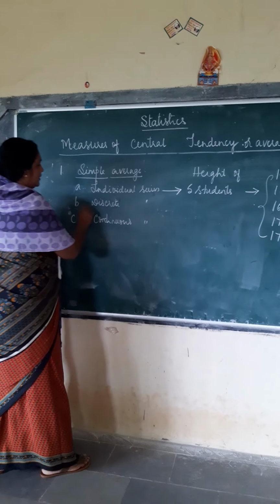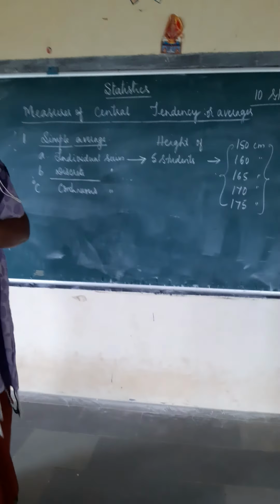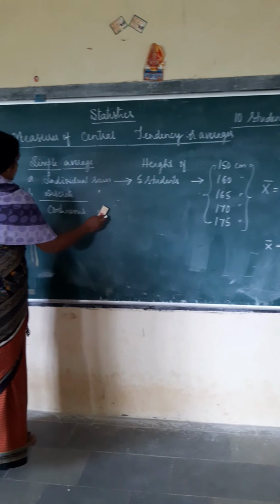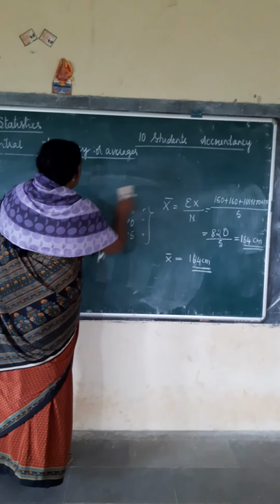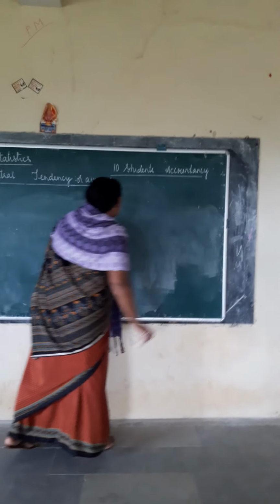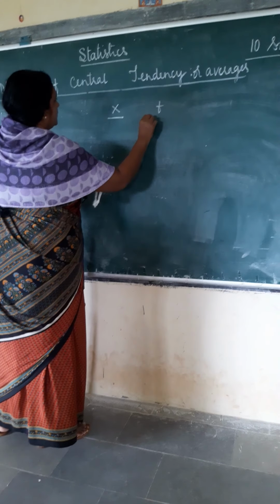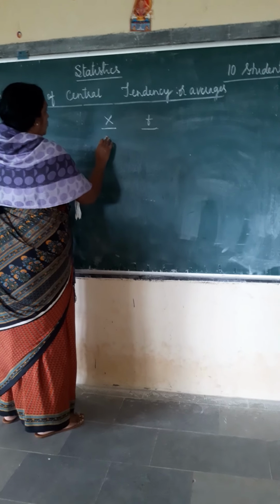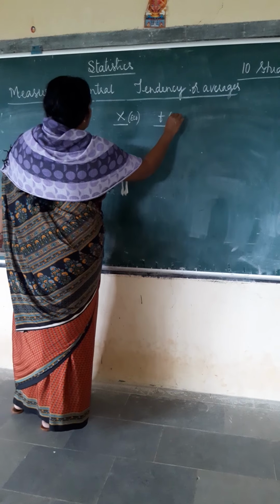Okay. Let us move on to the second method of calculating simple mean or simple average, that is discrete series. Under discrete series we have fixed values and also frequency. So let us consider x is the marks scored by the students in economics and f is the number of students.